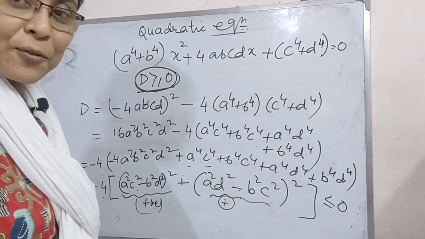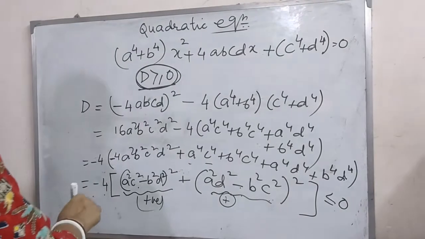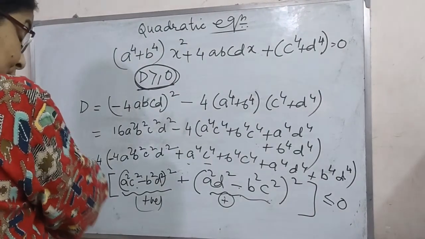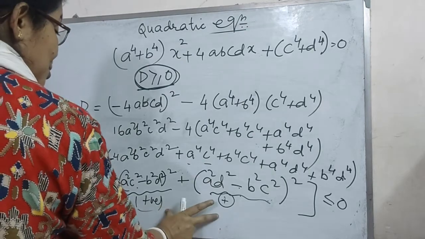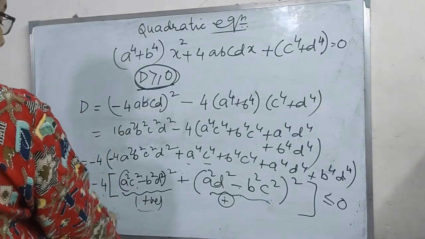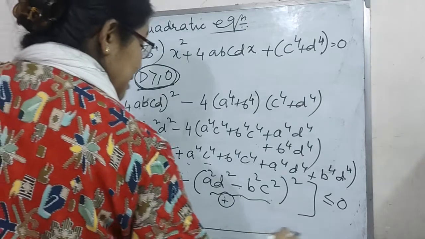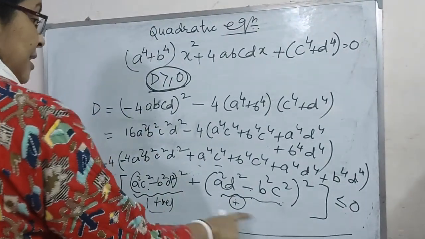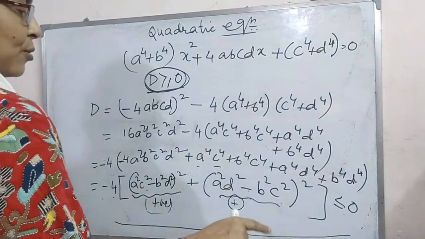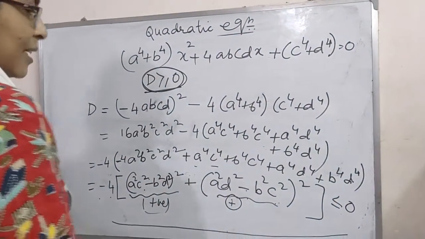When the roots are real, and these two terms are 0, then this term is 0. It is not possible for this term to be greater than 0. So this must be 0.